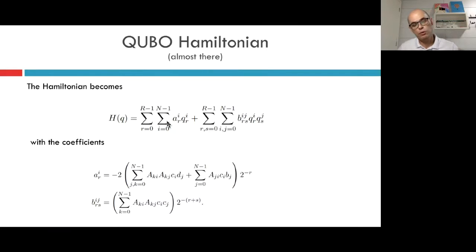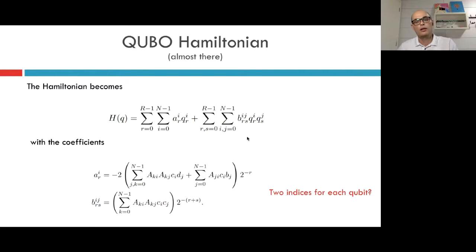Then, if we substitute the x_i in that quadratic Hamiltonian, we get this new Hamiltonian that has these new parameters a and b. We notice that these new parameters depend on the matrix coefficients A, also C and D that determine the interval of representation of each component x_i, and also the components of the vector b.